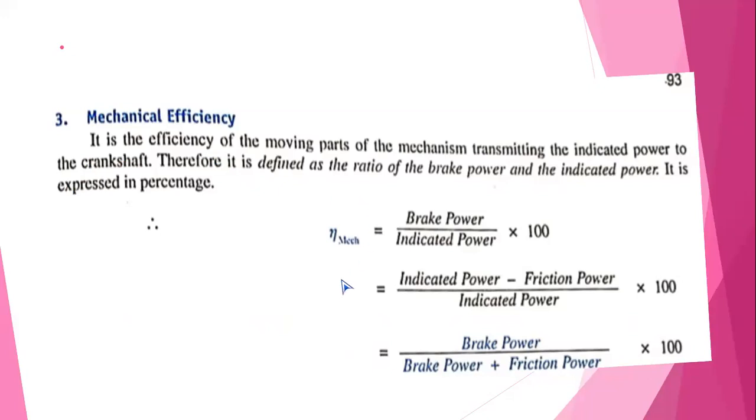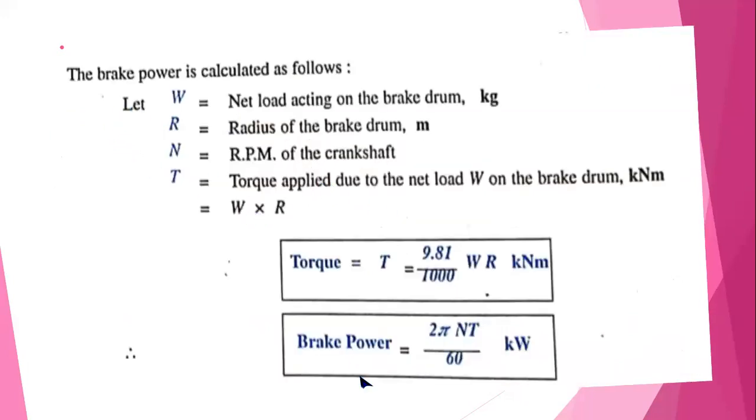Mechanical efficiency, represented by eta, equals brake power divided by indicated power into 100. The indicated power is nothing but the input to the engine, and the brake power you have calculated. See here, this is the brake power, 2 pi NT divided by 60 in kilowatts.